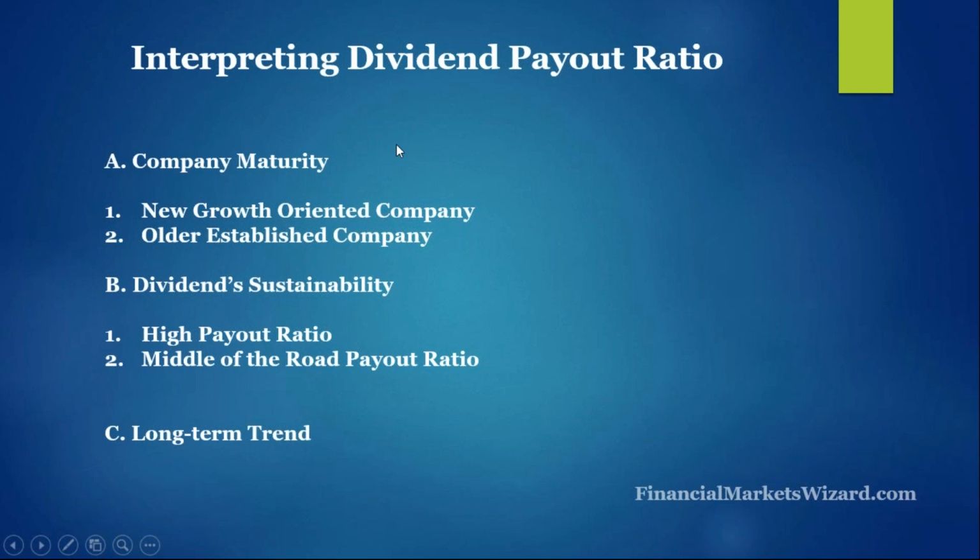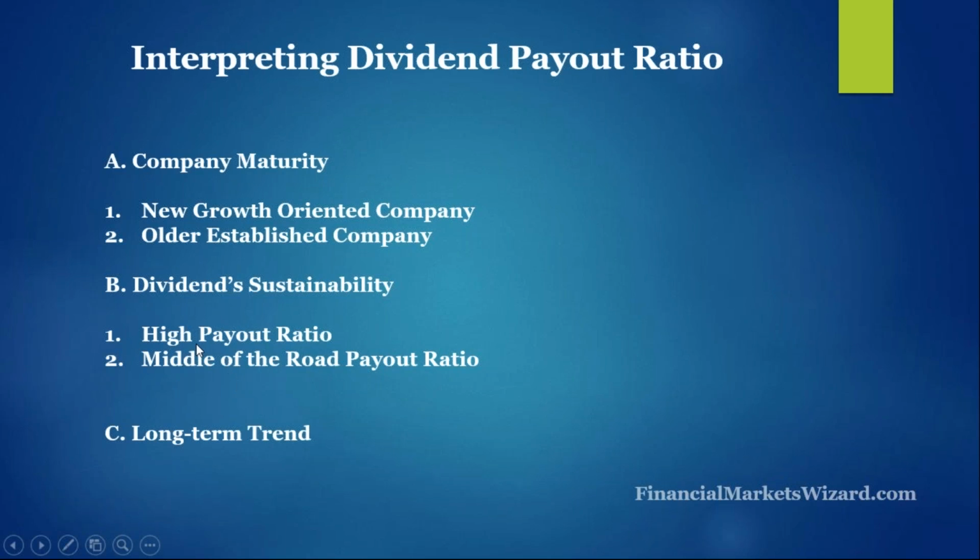So the dividend payout ratio also tells you the dividend sustainability. If the company is paying out 100%, and then they drop to 80, you will think, okay, this time they dropped from 100 to 80. But if they are at 50, 60, 55, 60, then they are consistent.